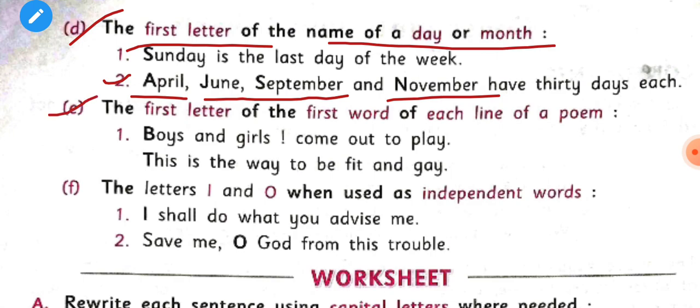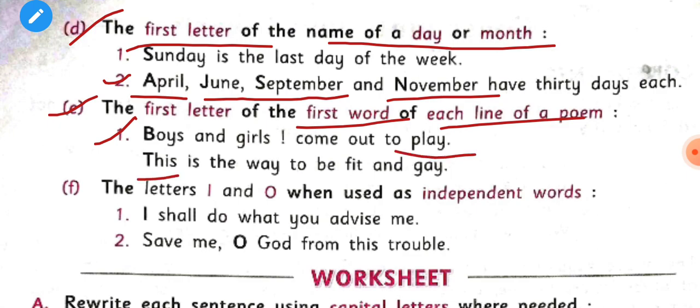Okay. Next, the first letter of the first word of each line of a poem. Children, whenever you are writing a poem, then we have to write the first letter of each line of the poem capital. For example, boys and girls come out to play.